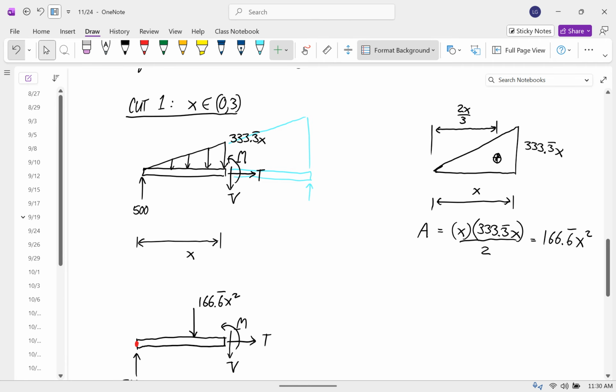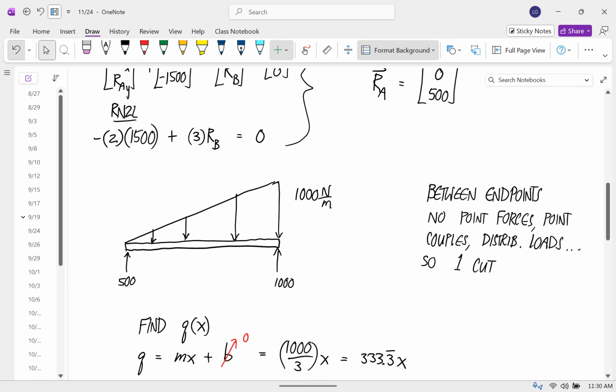And so I recommend just always working from the left to the right, because then you get used to doing it and you're less likely to make mistakes. But you could work this problem from the right to the left, and if you did, you would get all the same answers. So our goal is essentially to isolate single point forces into regions.